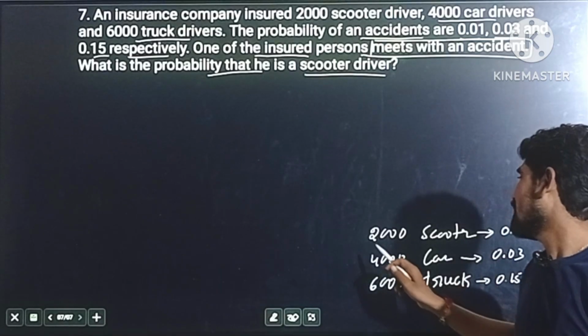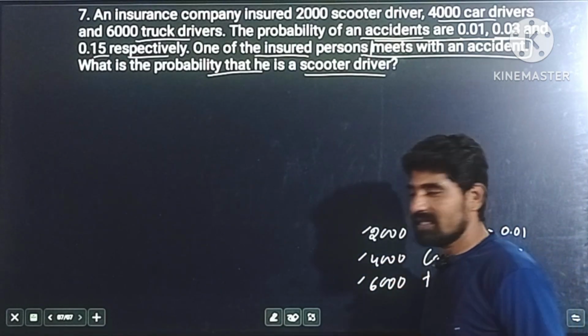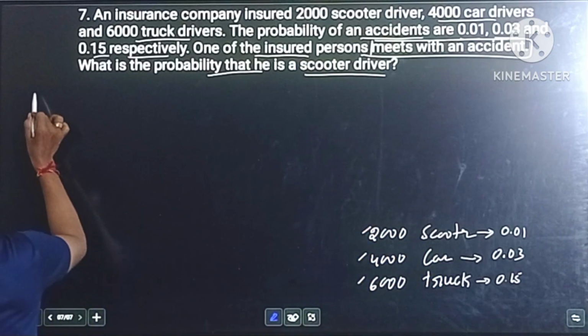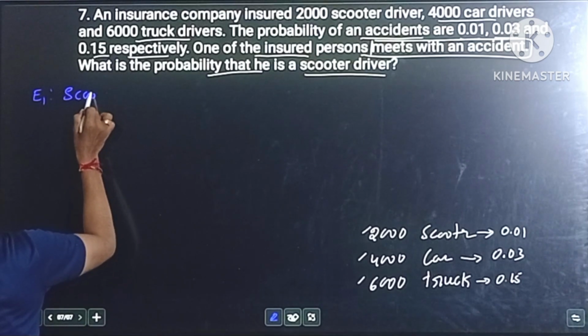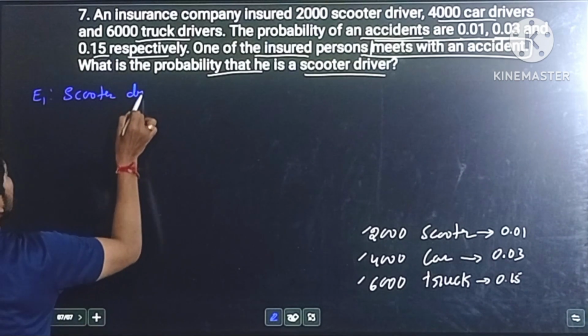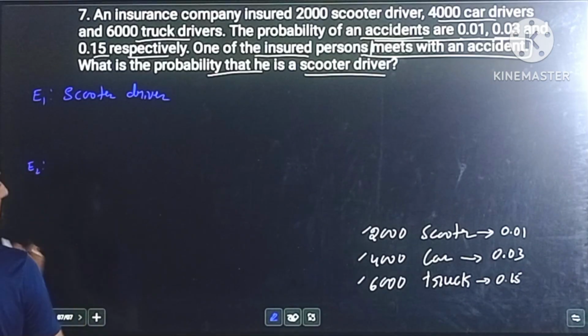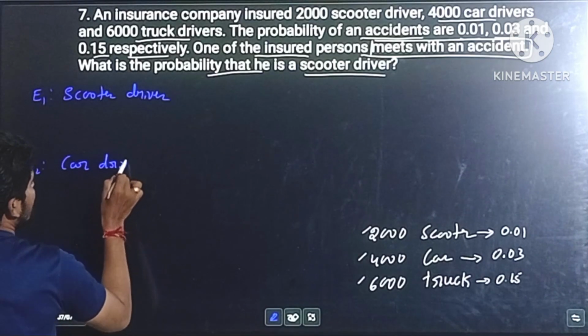In this question, we have three types of drivers. It means three mutually exclusive events. Hence the first event E1 is, suppose he is a scooter driver, and E2 is the event, suppose he is a car driver.